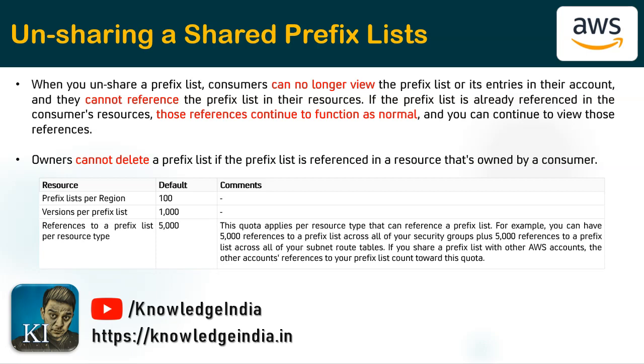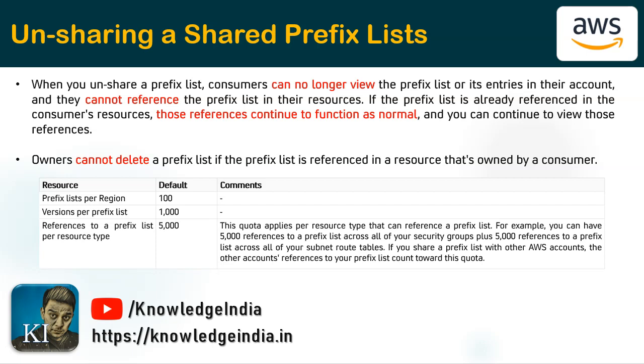That's the whole thing which we saw just now. Because the security group was already using it, it will continue to use it. And so unless that security group leaves that prefix list, it cannot be deleted. Remember that. And that is the point which is written next: owners cannot delete a prefix list if the prefix list is referenced in a resource that's owned by a consumer.